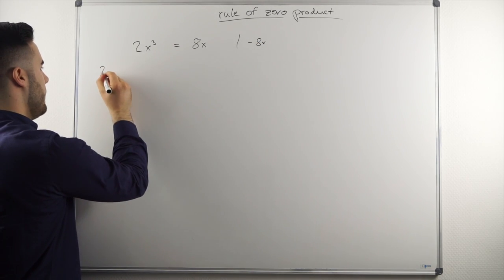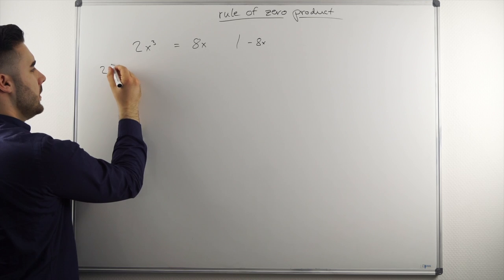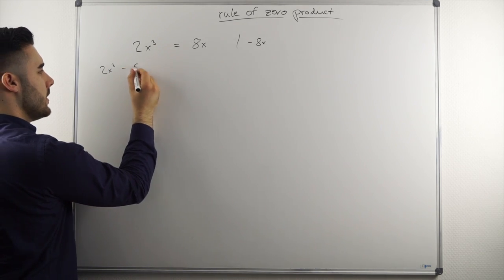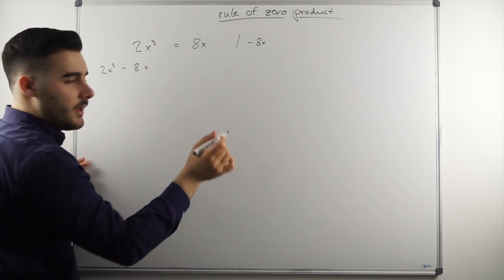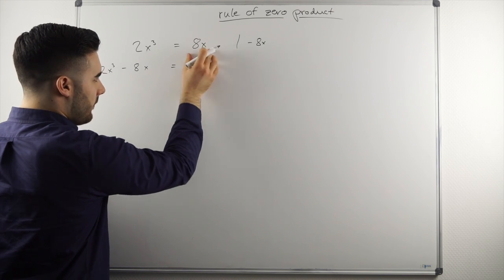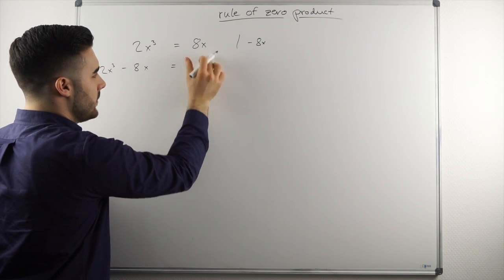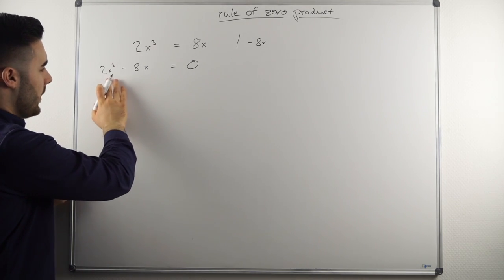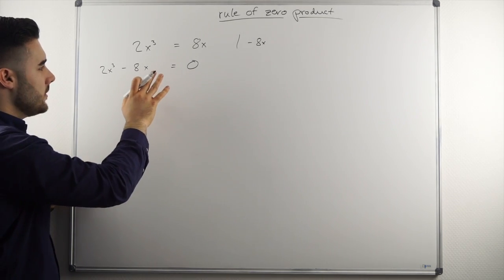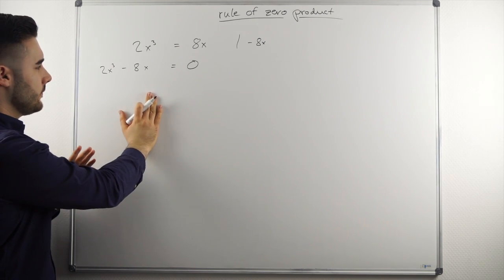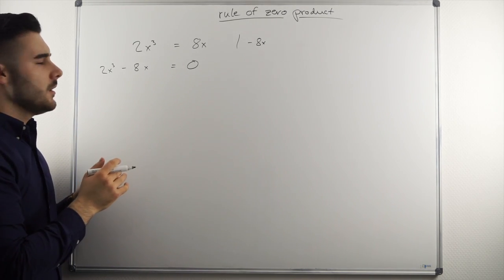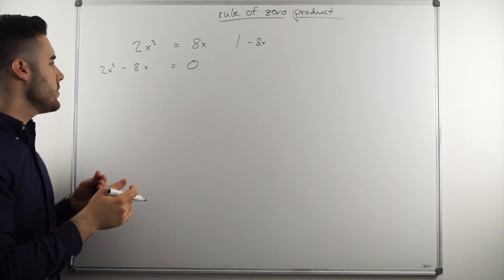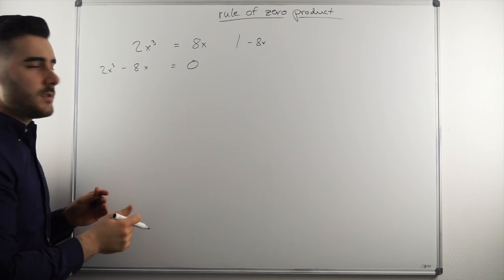So we will have then 2x to the power of 3 minus 8x, and then we have no amount on this side anymore, so we have a 0 on this side. And then we would again say, well, how am I supposed to derive a solution from this?